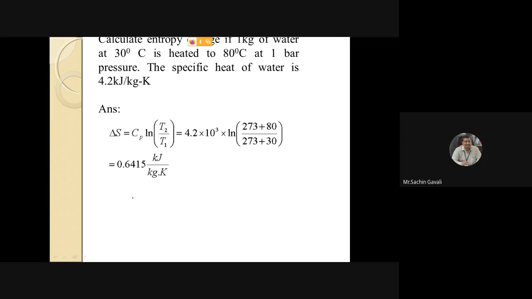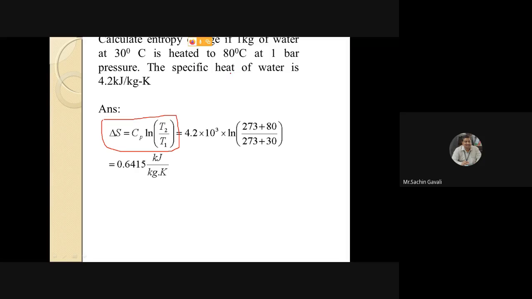Write down: at constant pressure entropy change is given by... Correct? This formula is correct. We have derived this formula. At constant pressure.